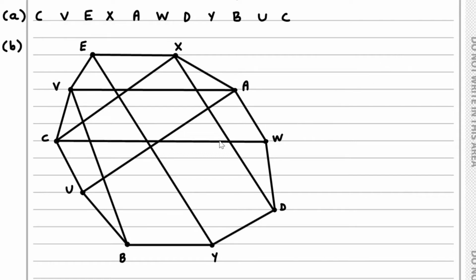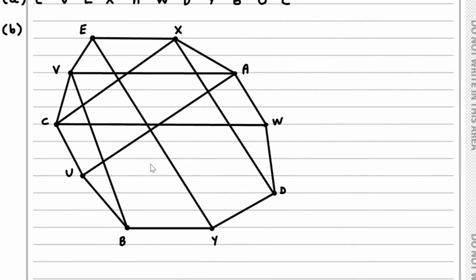Our next step is to write out all of the edges inside of the Hamiltonian cycle.